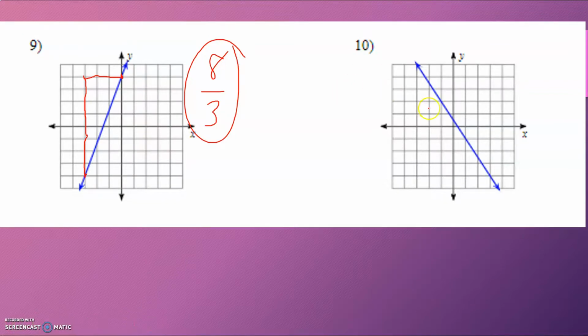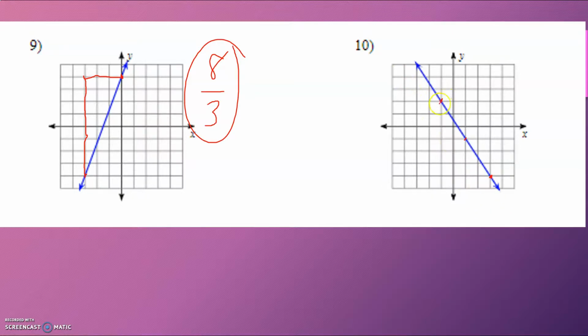All right, number 10. Again, you're going to have to find a point that crosses through the grid like here or like here or even here. Any combination of these points, pick 2, rise over run, will give you the same slope.